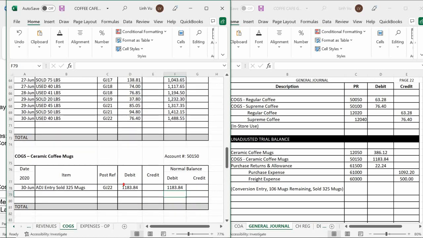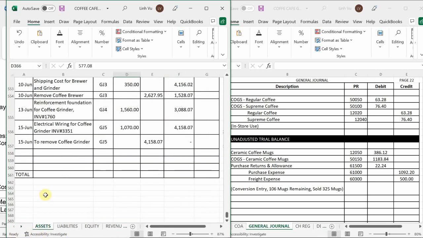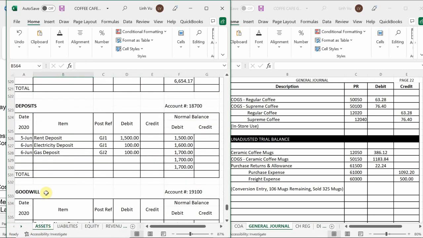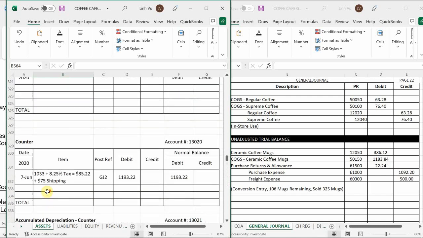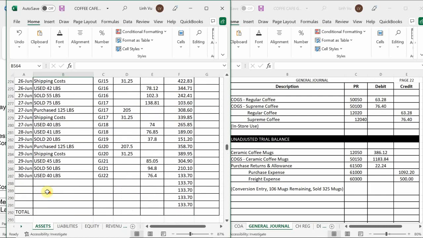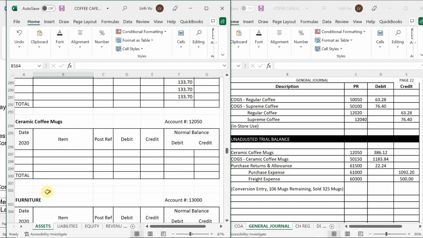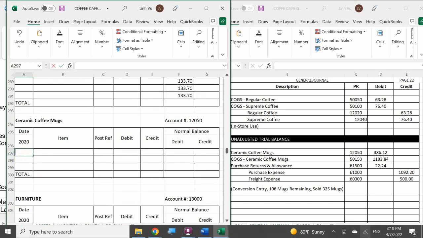Okay, so I'm going to backtrack and go back to my inventory here. So go to your assets under inventory for the ceramic coffee mugs. So here it is, ceramic coffee mugs, 630. You could say this is an adjustment entry.